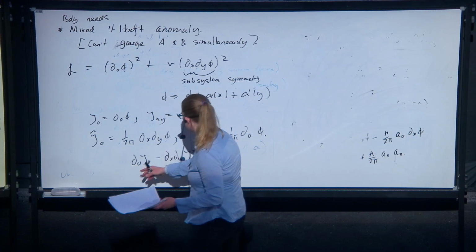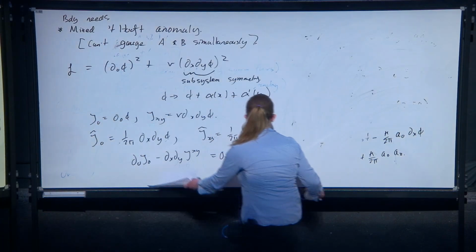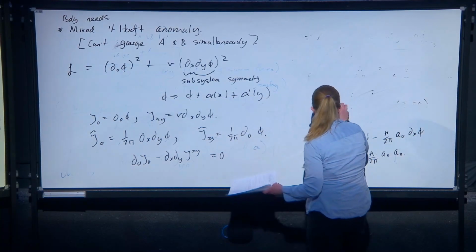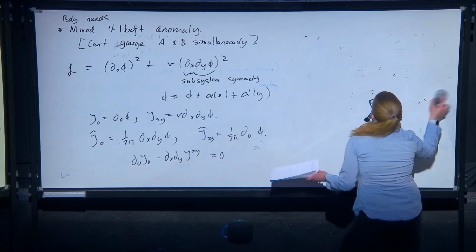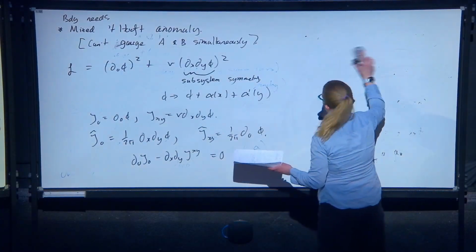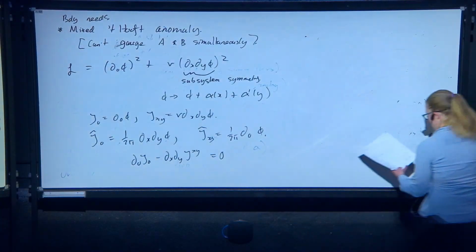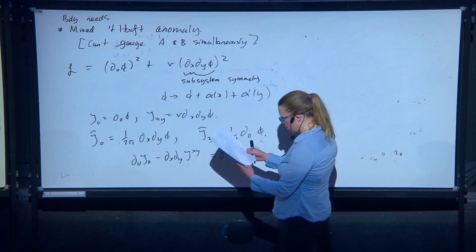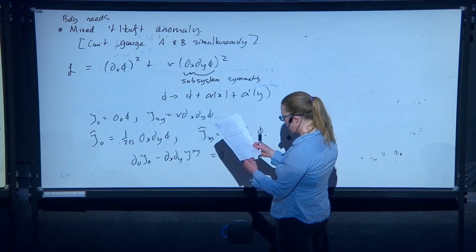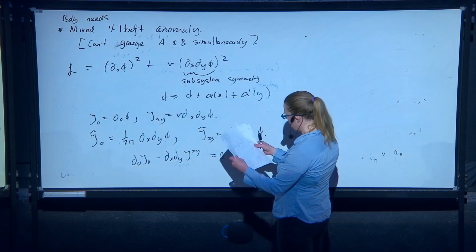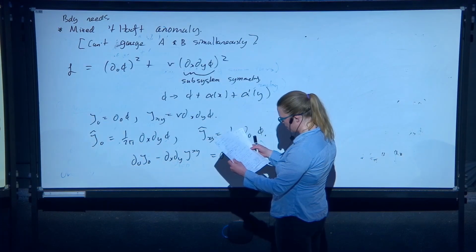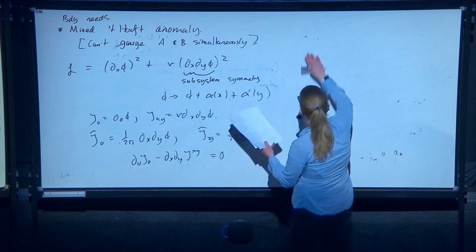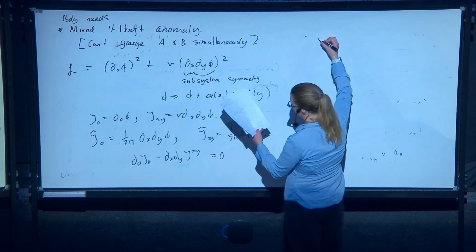I think you can check whether this is a plus or a minus, but there's a current conservation law that looks like that. Okay, very good. Okay, so now we would like to gauge these symmetries, right? So how do we gauge them?